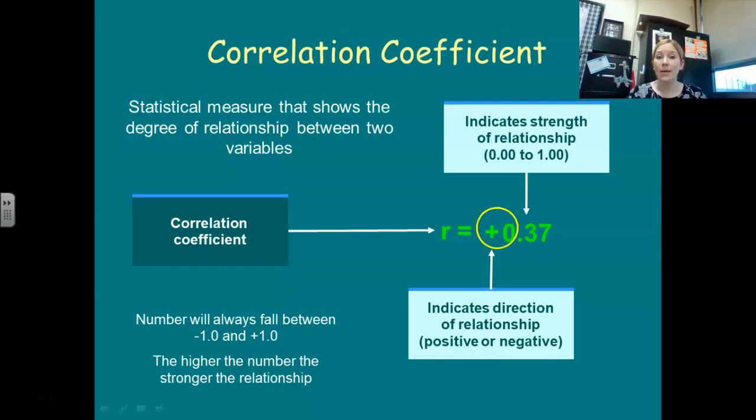If it has a subtraction sign or a minus sign, then it's a negative correlation, so they're moving in opposite directions of one another. Your number is always going to fall between -1 and +1, because that's the range for these, and it can't go below that point because your relationship strength is within 0 to 1. And the higher the number, the stronger the relationship.